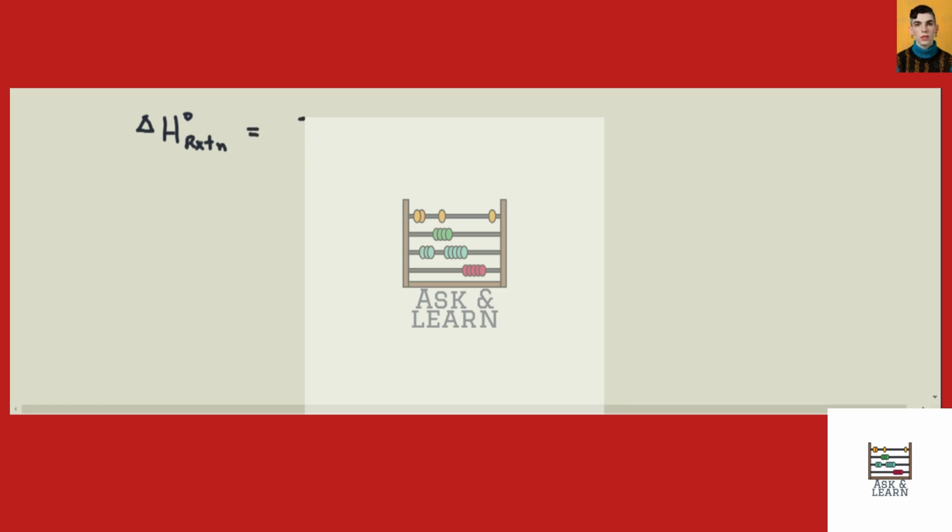And to do that, we need to take the sum of the heat of formation for the products and subtract the sum of the heat of formation of the reactants. So the sum of the products minus the sum of the reactants for each of these equations. And we need to look up these values in Table C.